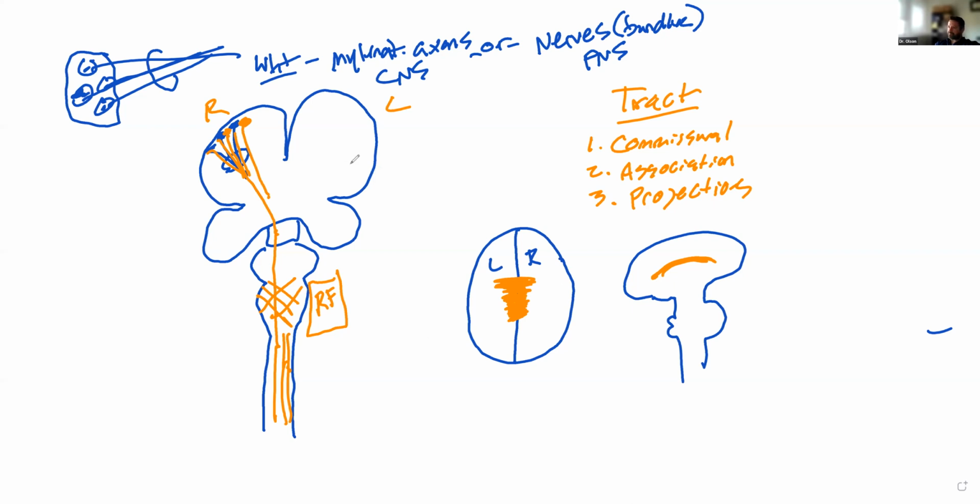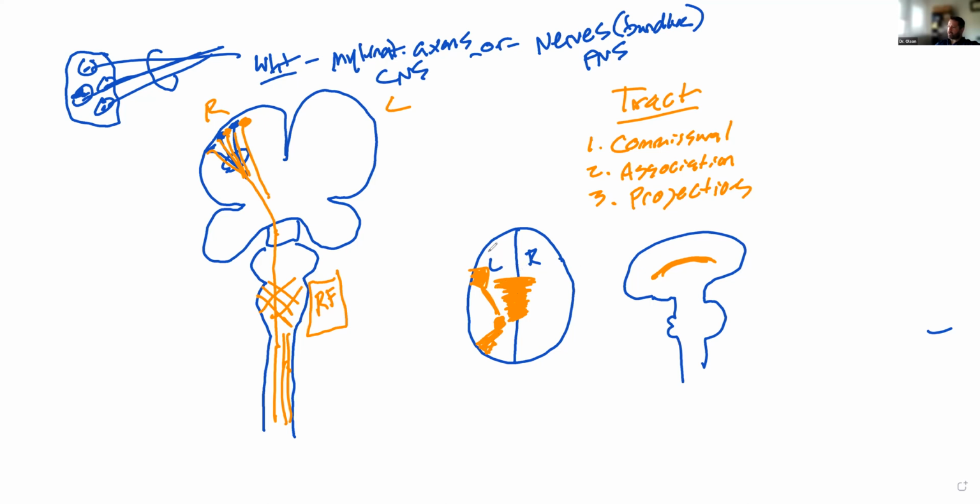So we're on the same side of the hemisphere. But let's say that we have one region here, a cortex area that needs to communicate with a deep layer or another area of the cortex, right? So we have these communications, and they are found in association areas as well.